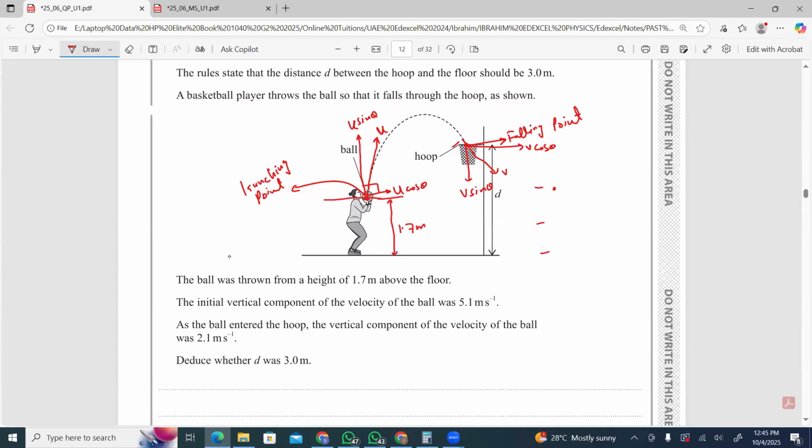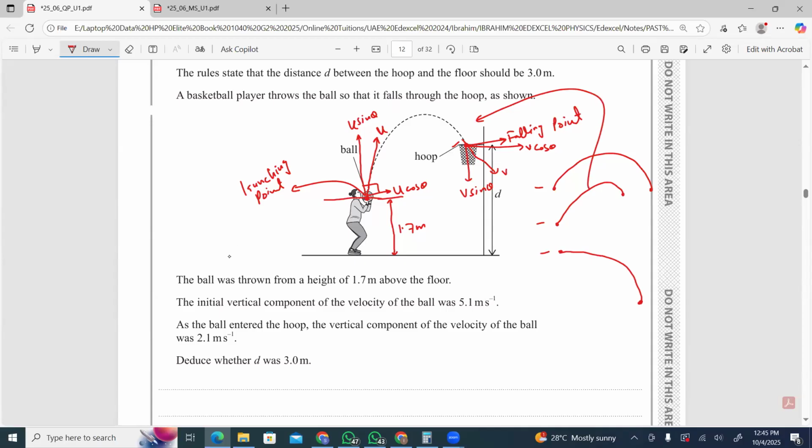When the ball's launching point and falling point is actually the same. When the ball's launching point is low and the falling point is high. And when the ball's launching point is high and the falling point is low. Okay, these three kinds of situations. So this one is actually this one.